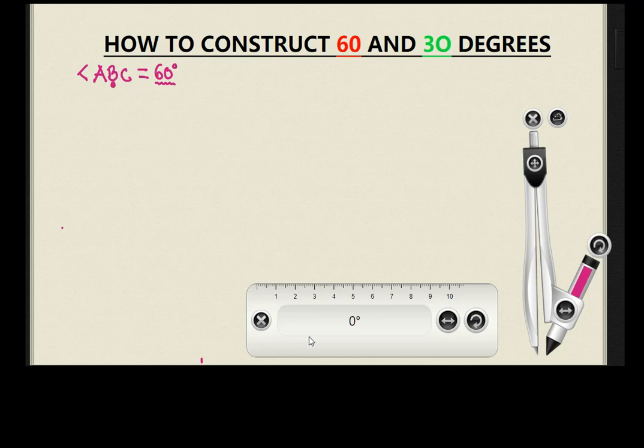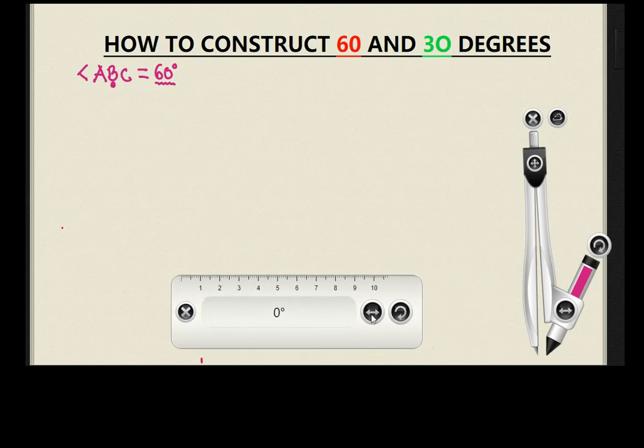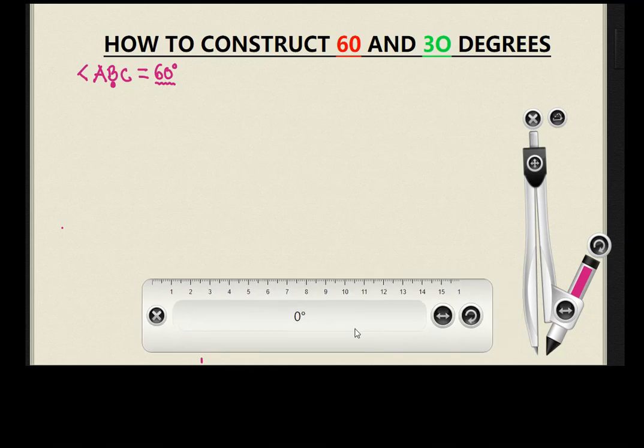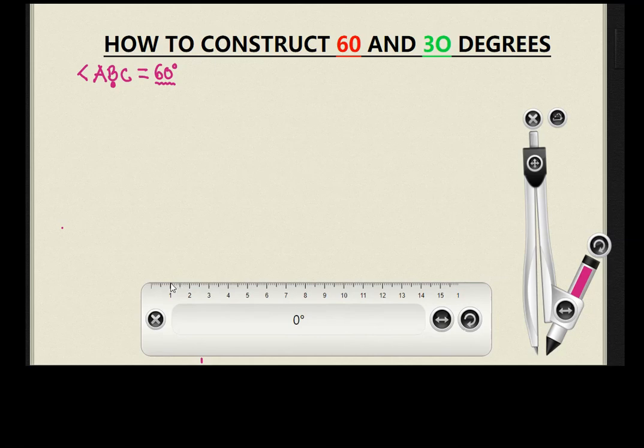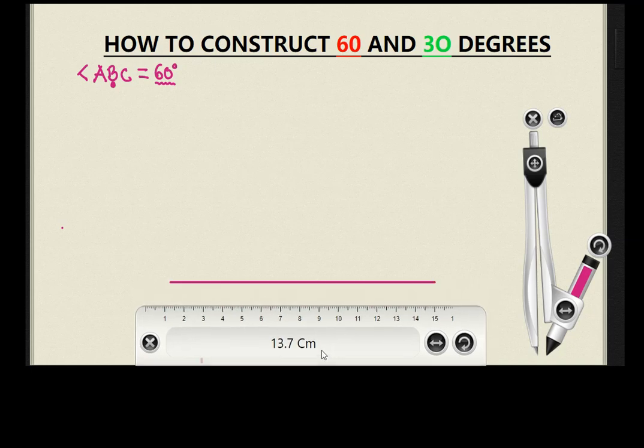So what I'll do, I will use my ruler and draw a straight line like this, and let me call this point B, because that's where we're going to construct our 60, and let me call this point C. Then A will be somewhere here, such that the angle formed, ABC, 60, will be at the middle point.